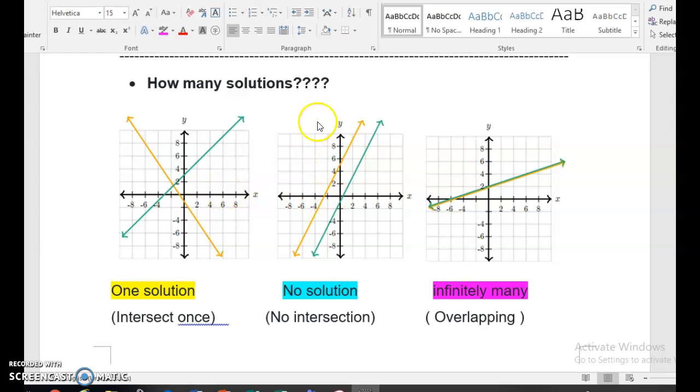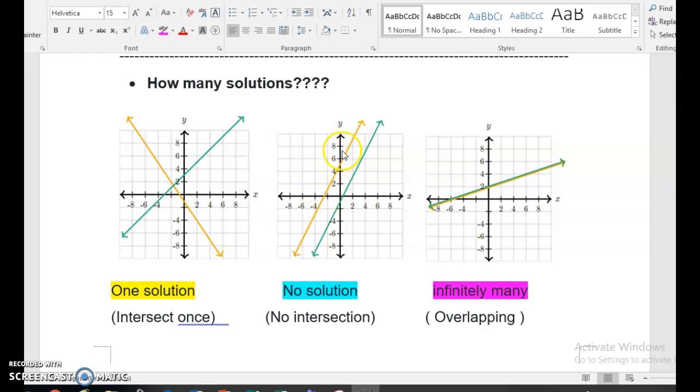All right. The second one, no solution. Obviously, do they intersect each other? No. Did you see the slope? The slope of the golden line and the slope of the green line, they have the same slope. What does that mean?